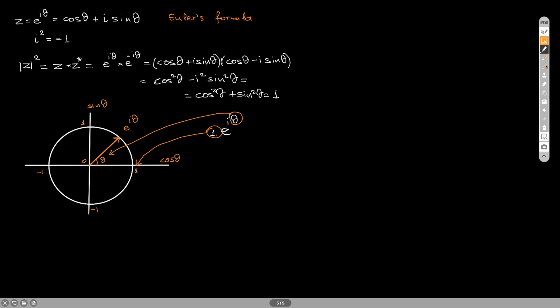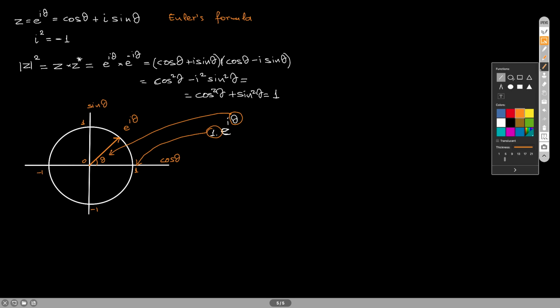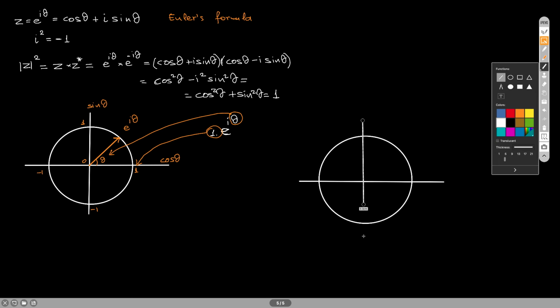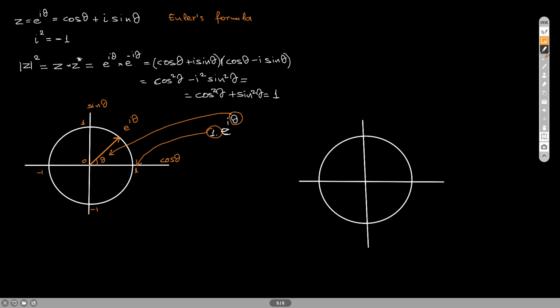Let me show you a different example. I'm going to do another circle. Now, instead of 1, let's say that this is going to be 5, 5, minus 5, minus 5. I just want to give you an idea.